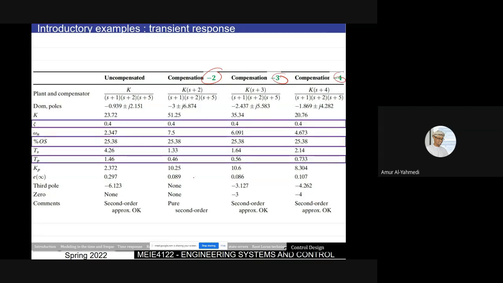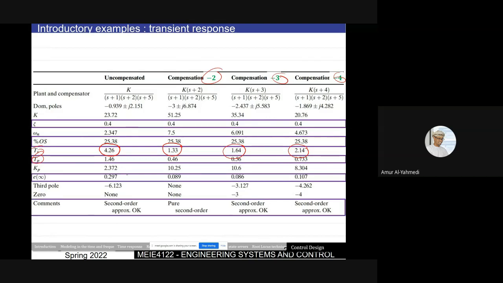I'll improve my settling time from 4.26 seconds to 1.33, 1.64, 2.14, depending on where I put my 0. So I can improve the settling time, not the steady state error, and the time to the first peak. I can improve the transient response by adding a 0.